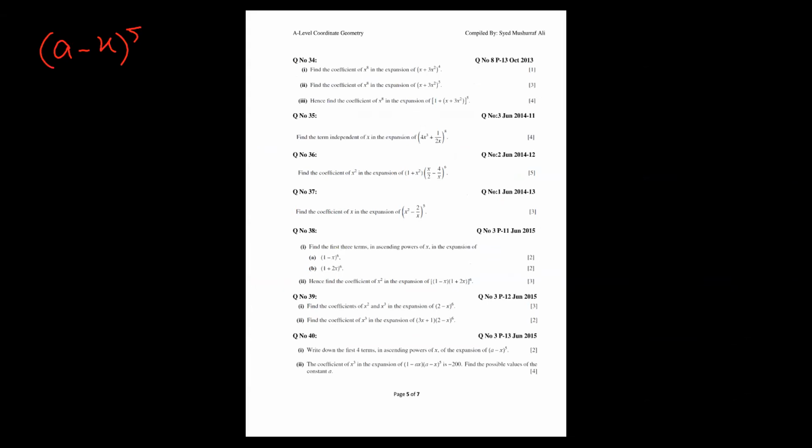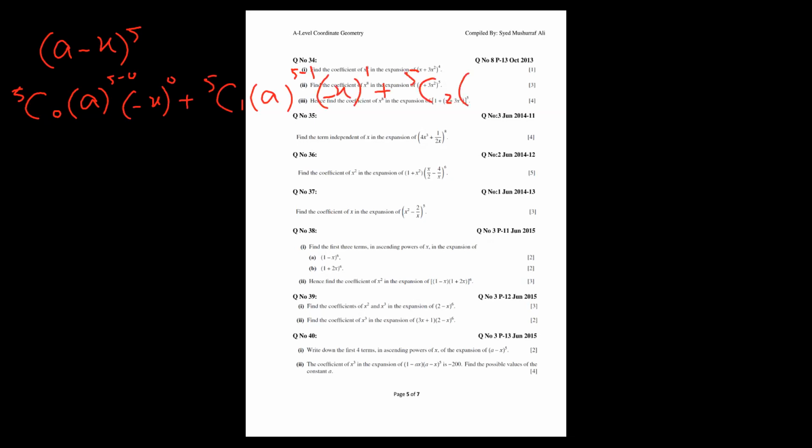Bismillah ar-Rahman ar-Rahim. The formula is 5C0, a to power 5 minus 0, and minus x to power 0. Next, 5C1, a to power 5 minus 1, and minus x to power 1. Now 5C2, a to power 5 minus 2, and minus x to power 2.